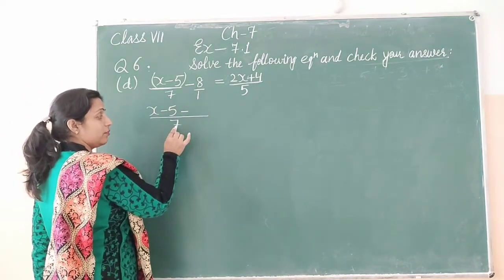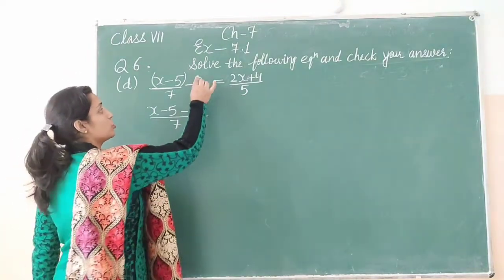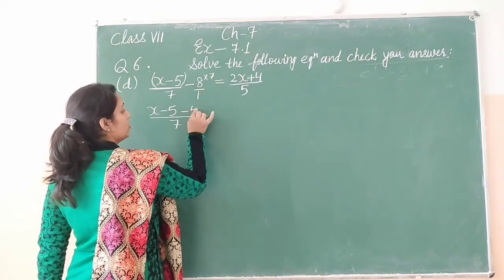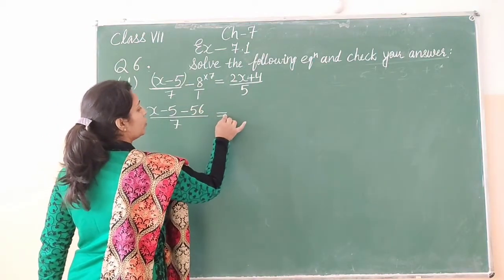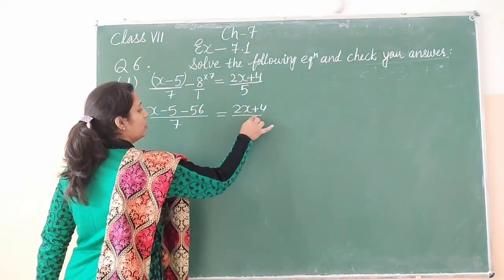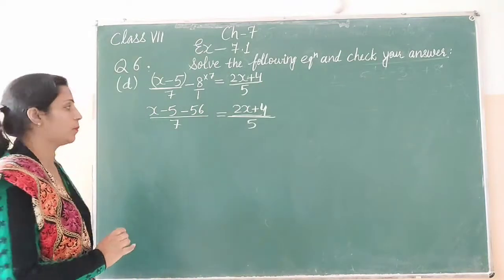Now when we divide LCM 7 by 1, 7 will come. So it means we will multiply it by 7. So 8 7s are 56, equal to (2x plus 4) by 5. This as it is I am writing. Okay.